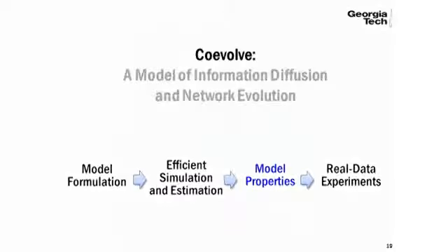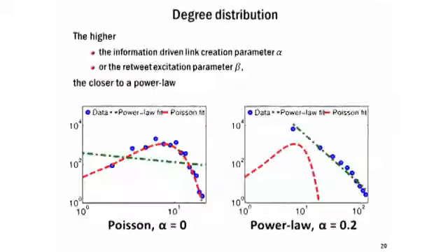So the next question is whether the generated network, the simulated network, can generate realistic properties as we see in real-world networks. So indeed, we can do that. We can actually control these parameters, alpha and beta, alpha corresponding to the link creation parameter due to information diffusion, beta corresponding to the retweet excitation parameter.